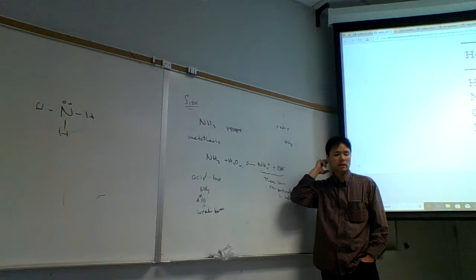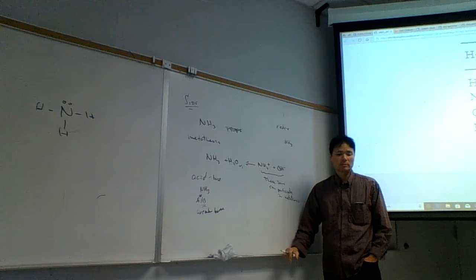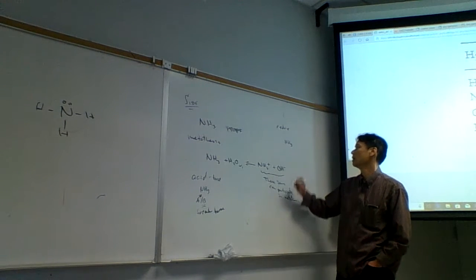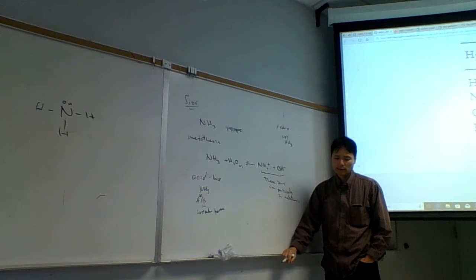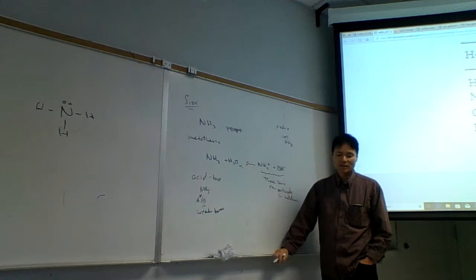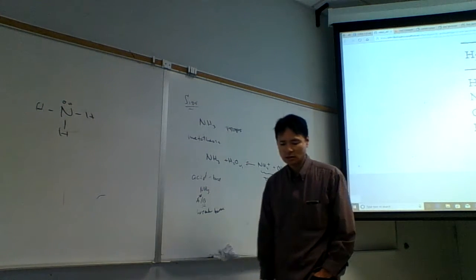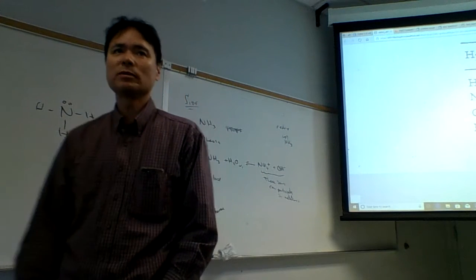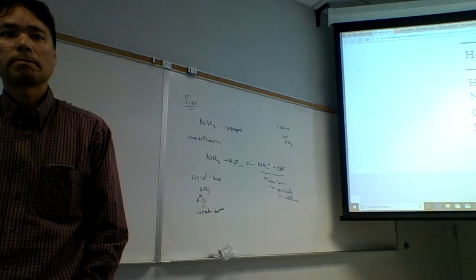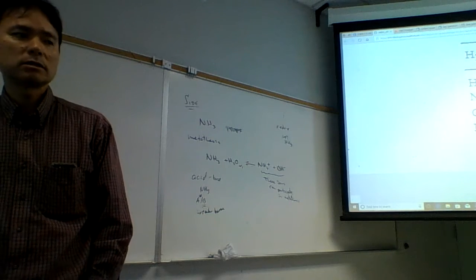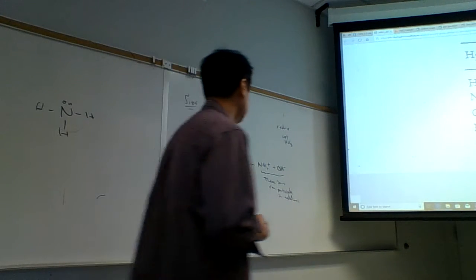If you burn ammonia, you can form a lot of toxic gases, toxic compounds. It's electron rich because the nitrogen is -3. That -3 isn't as stable as the -2 on oxygen, so this is more susceptible to attack. So those are some of the chemical properties of ammonia.